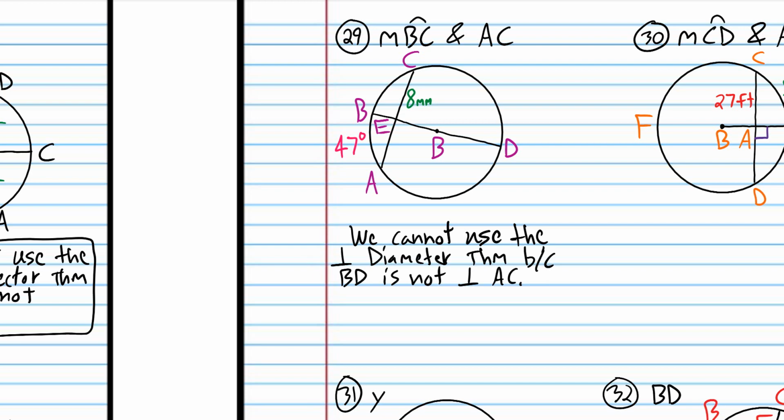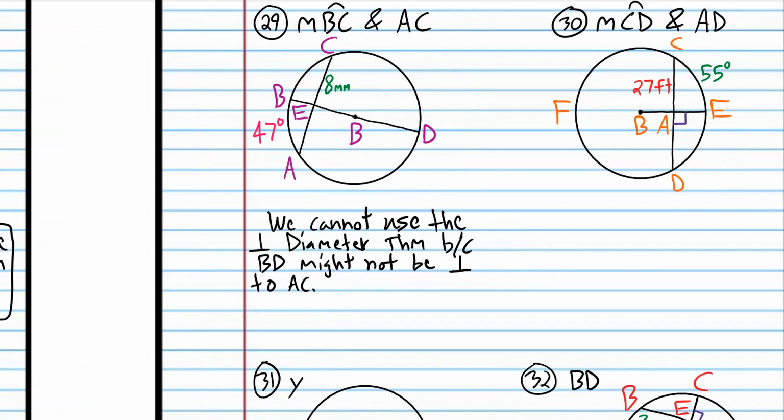And to be more accurate, we can just say it might not be perpendicular to AC, because just because we don't have the angle doesn't mean that it's not 90 degrees. We just don't have enough information.